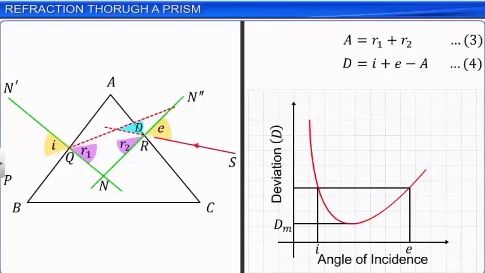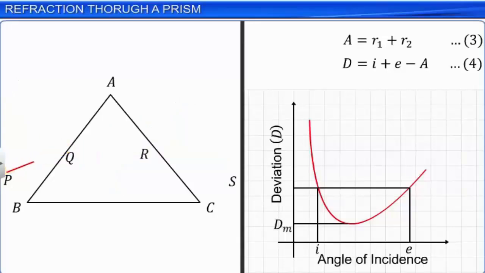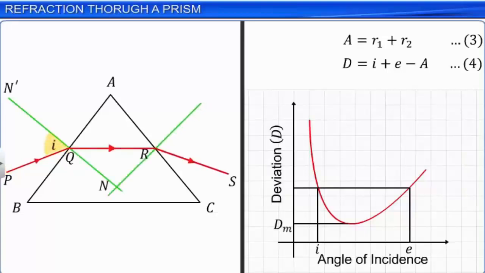If the incident light strikes the prism at an angle that makes the deviation minimum, then the prism is said to be at its minimum deviation position. When the prism is placed at its minimum deviation position, it is found that the light ray passes through the prism symmetrically and is parallel to the base. In this case, the angle of incidence I is equal to the angle of emergence E.